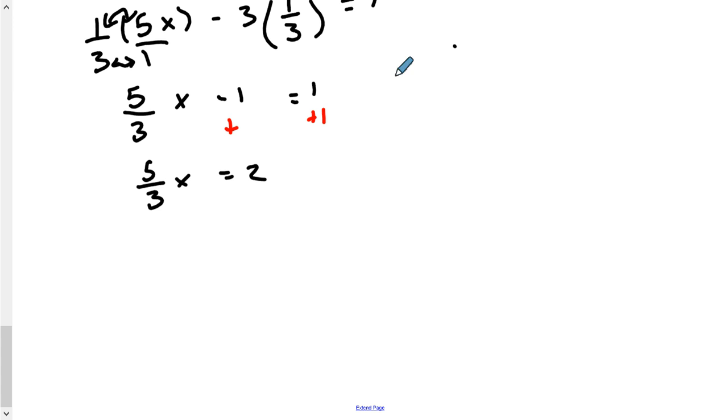Then I'm going to multiply by the reciprocal. And that leaves us with x is equal to 6/5. So don't forget, there will be questions like this. They'll be a little bit more multi-step, but just remember to slowly distribute and go through, and you should be good to go.